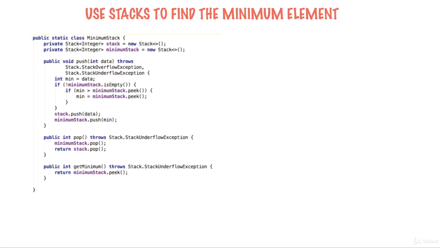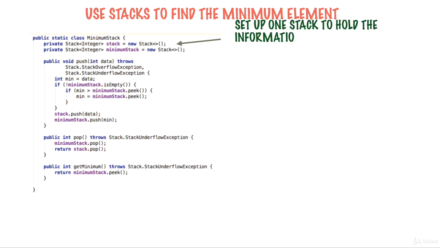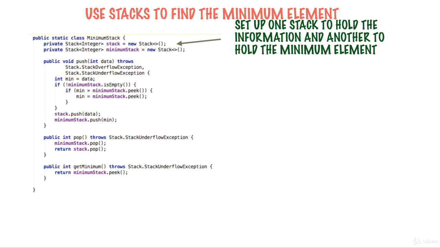Now that we've seen how this problem can be solved, let's take a look at the code as you can see on screen. We've implemented a class called minimum stack. It holds 2 stacks. One is the original information, that is just the stack itself, and another stack to hold the minimum element at any point in time. So we have a stack within it and a minimum stack.